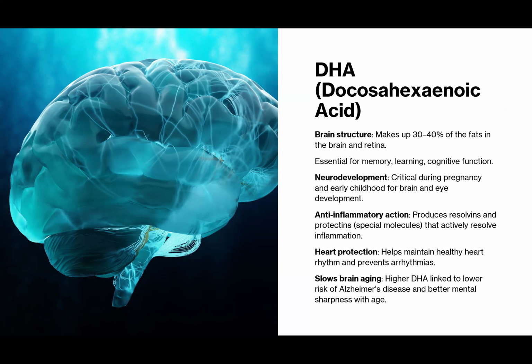It's critical for pregnancy and early childhood, for brain and eye development. It has very strong anti-inflammatory action and produces special molecules that actually resolve inflammation. It has heart protection actions, slows brain aging, reduces Alzheimer's and dementia, and increases your sharpness with age.